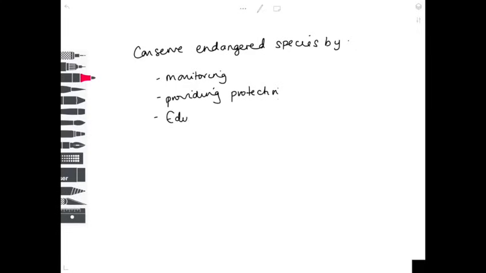We can educate people as to their behaviour to prevent them actually leading to the endangerment of these animals. Something which is more active is a captive breeding programme where we capture these endangered animals. We give them a nice environment to live in, lots of food, so they increase the number, and then we release them back into the environment.